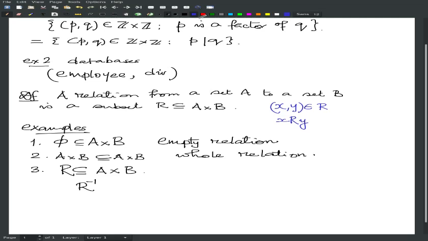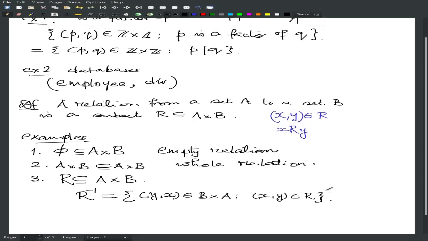Now here, what is R inverse? This is precisely the opposite. So this is the set of yx belonging to B cross A such that xy belongs to R. So let's for instance look into this.